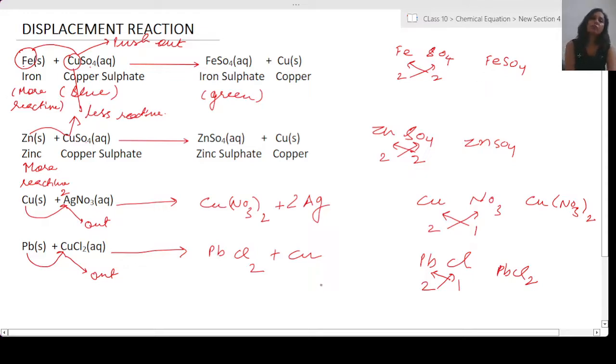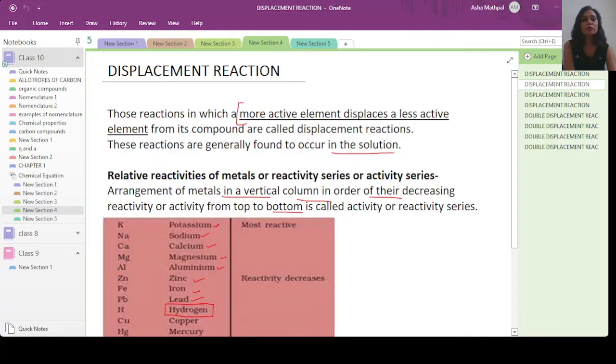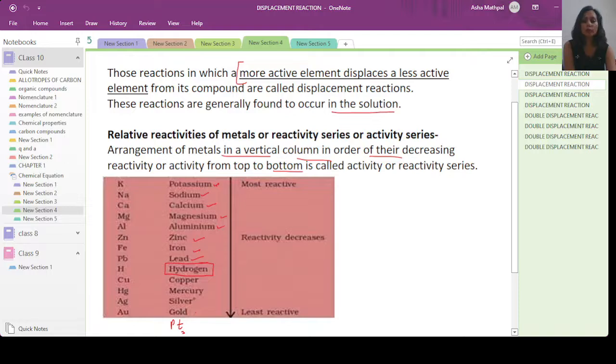You will have to just keep in mind the reactivity series or the activity series and you will be able to write it correctly. Now what will happen if you take a less reactive element? For example, if you see the reactivity series, you can see that silver is less reactive as compared to copper.